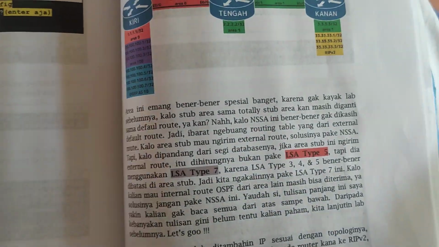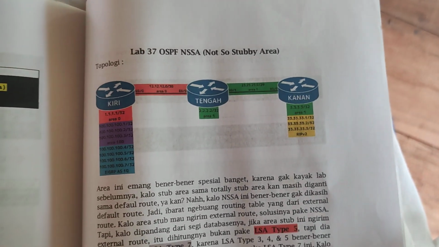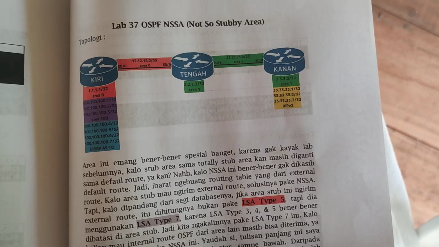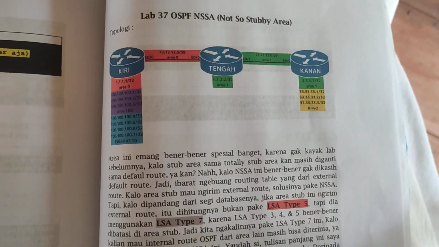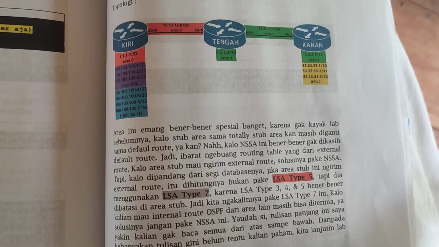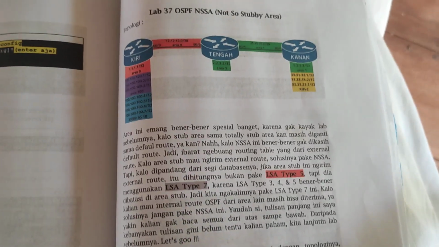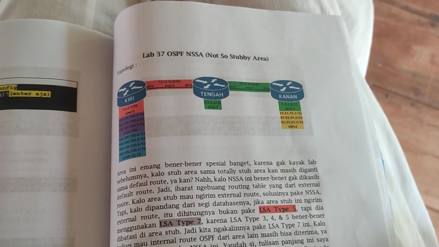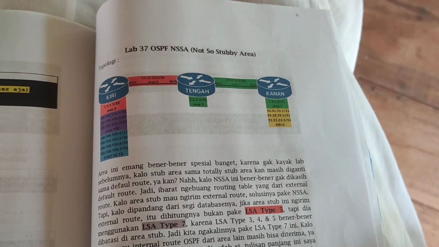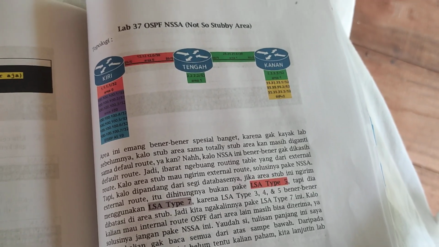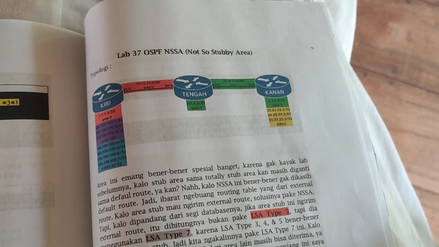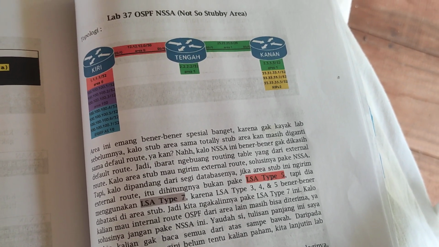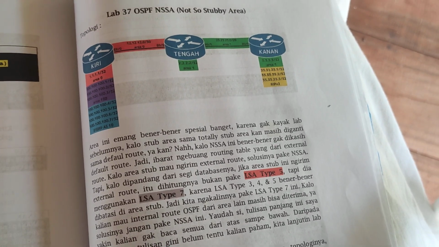Okay, and then the last is OSPF NSSA, or not-so-stubby area. Here it is the same, there are 3 routers. Before the configuration, I want to explain about what NSSA, or not-so-stubby area, is. OSPF NSSA is a special type of OSPF area that's like a mix between a stub area and a normal area.